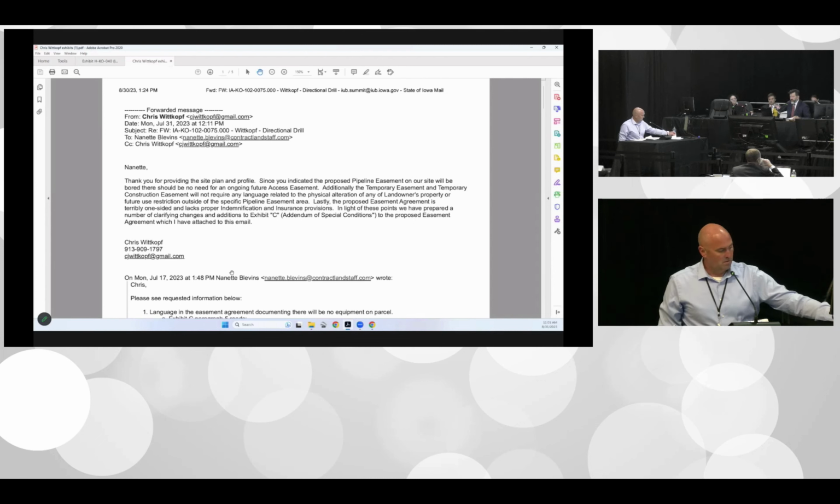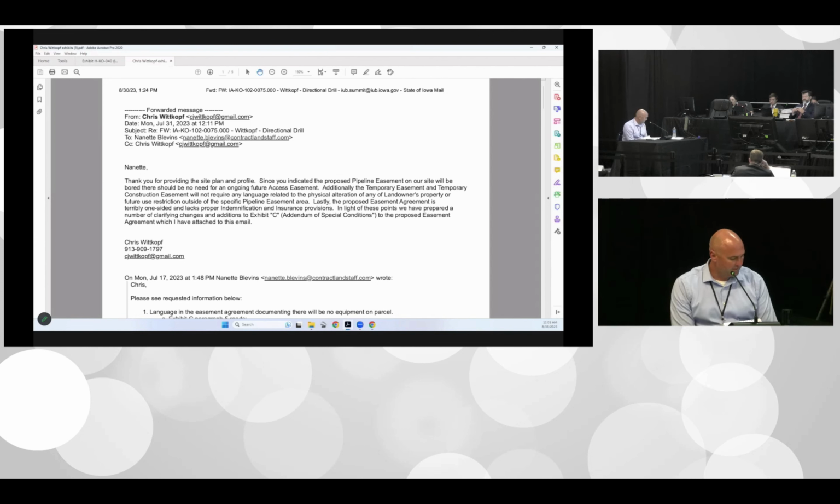While they're working on that, why don't you go ahead and give us a description of this exhibit, please? Sure. So this exhibit is the most recent email exhibit, and it is my request to my most recent contact at Contract Land Staff, Nanette Blevins, to have her take some changes we requested to the terribly one-sided easement form agreement, and to have them considered to make the proposed easement agreement fair and equitable.